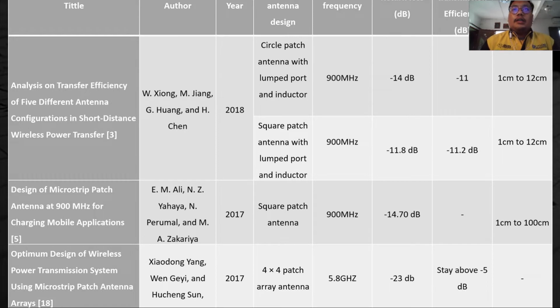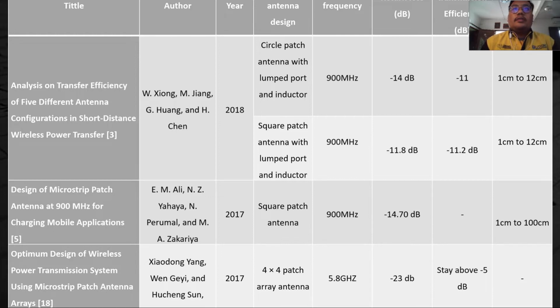Both antennas operate at 900 MHz, and the distance between the transmitter and receiver antenna is around 1 centimeter to 12 centimeter. For the circle patch antenna, the return loss is around negative 14 dB, and the power transmission efficiency is around negative 11 dB.